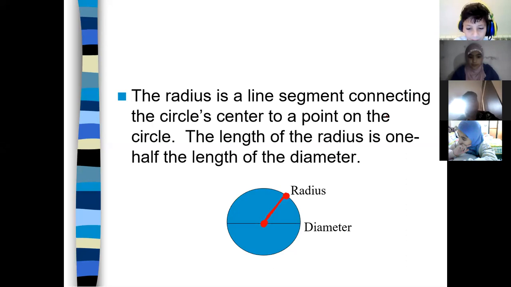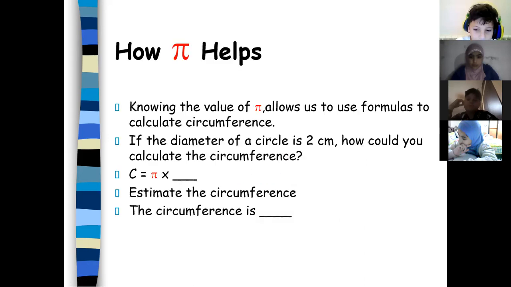It starts from the center or origin and ends at the ending point. Excellent. The radius is half of the diameter. It's the distance that connects the center to a point on the circle. Bravo Jude.